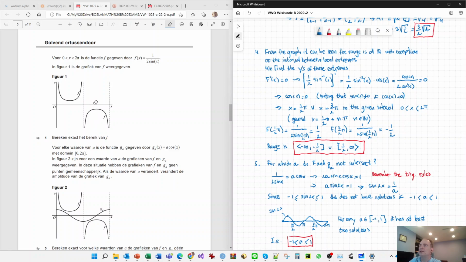You can see from the graph it's all real numbers, with the exception of this area between the minimum and the maximum, so the local minimum and local maximum. So the approach will be to find these extremes, and then we have the range.